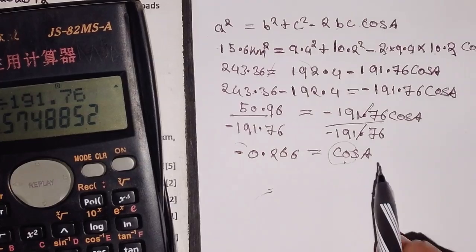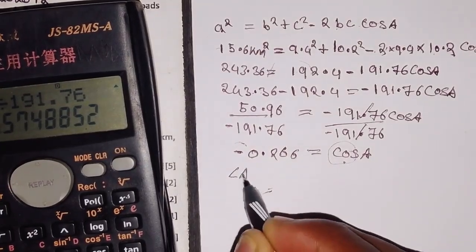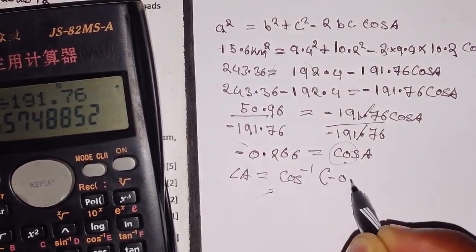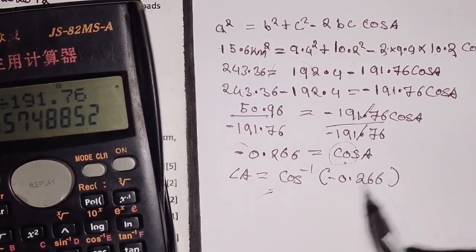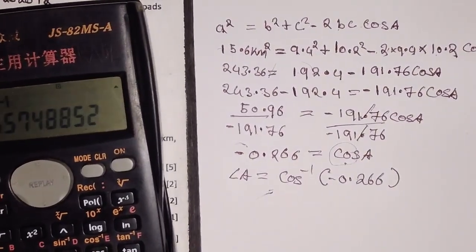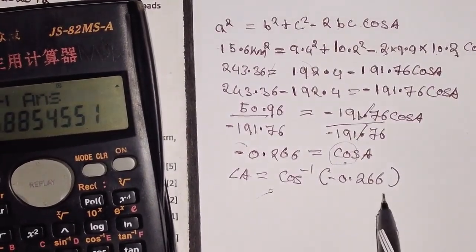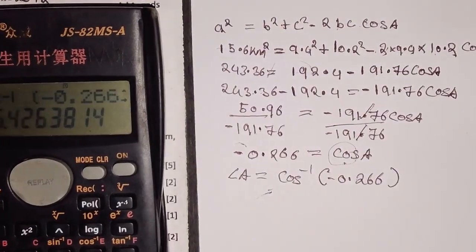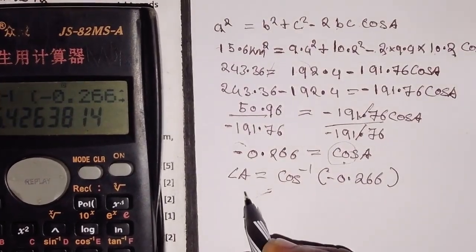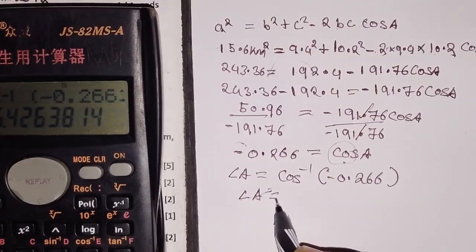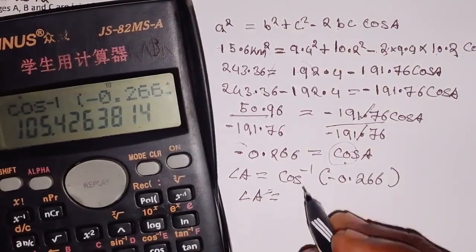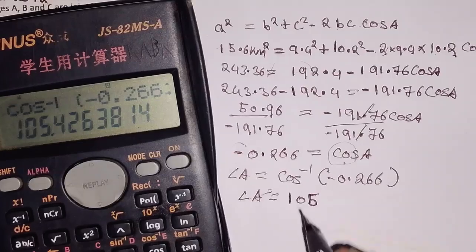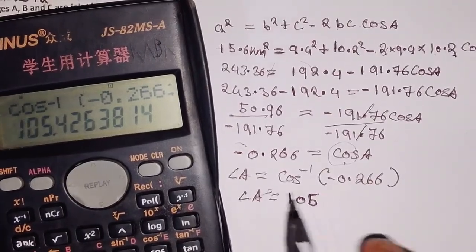So angle A is equal to cos inverse of negative 0.266, which will give you 105. So we're going to have our angle A to be 105. Since it said to the nearest whole number, we are not including the decimal points.